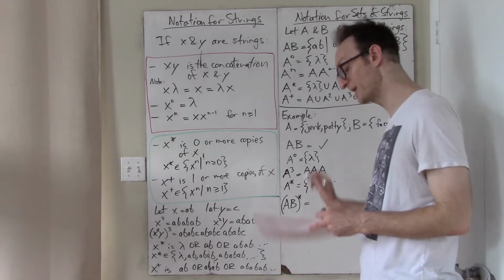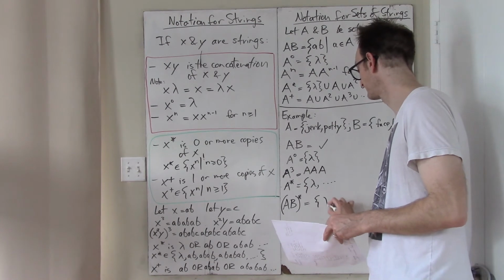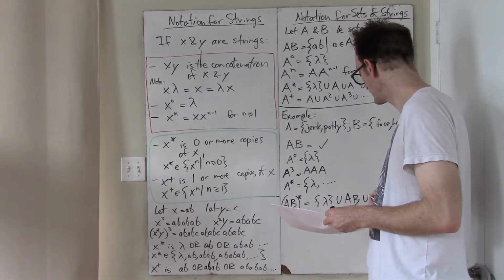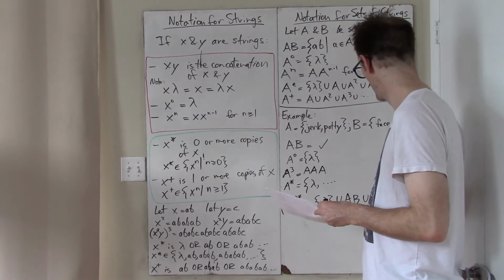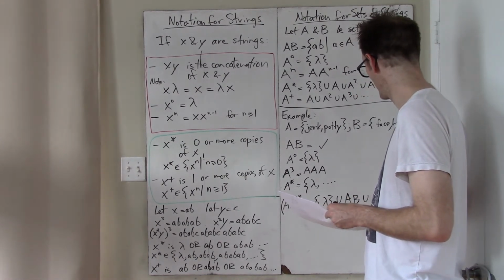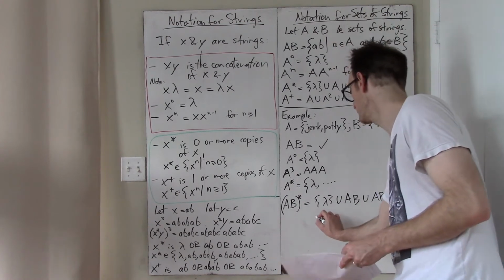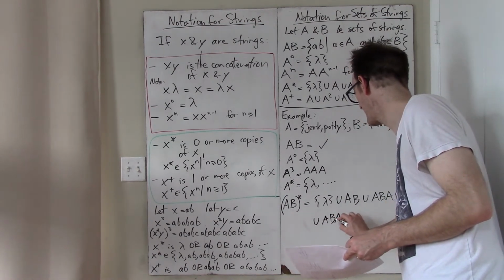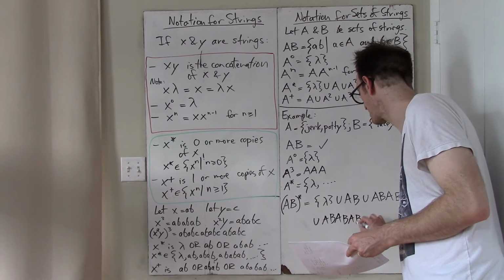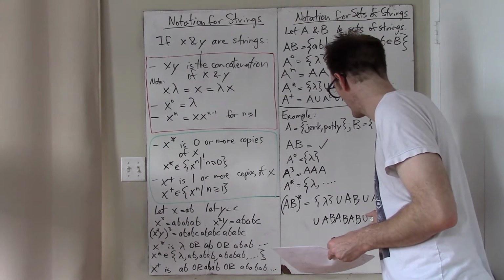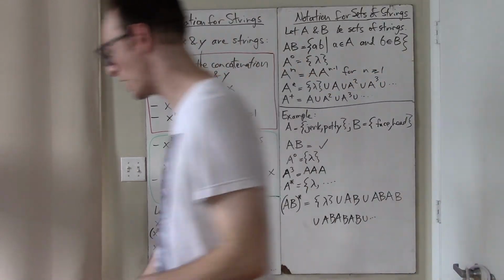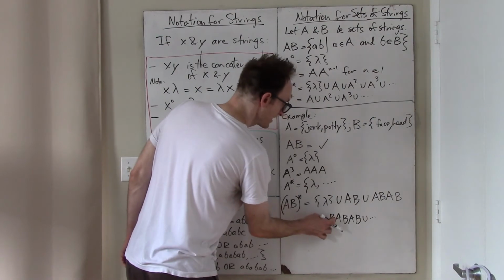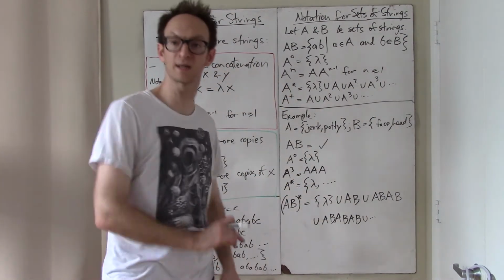(AB) star, literally, is the empty string, union AB, union (AB) squared, which is ABAB, union ABABAB, etc. You have to think about it kind of that way, right? We define the star in terms of the union of powers, and then we define those powers as concatenations.